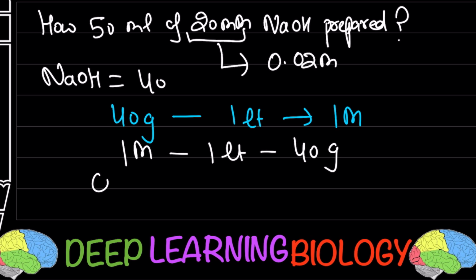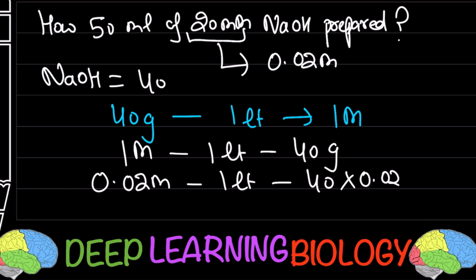So to prepare 0.02 molar, 1 liter, 40 into 0.02. Now we have fixed this initially.